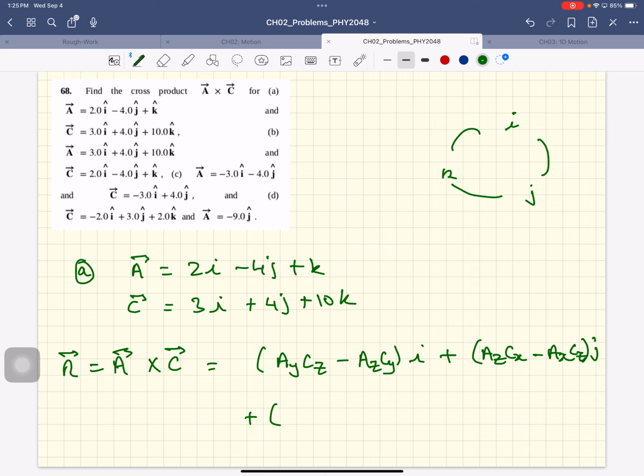All right. The Z component is AX, CY. There's the components. All right, so now let's write this down.